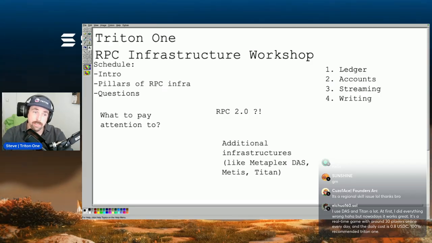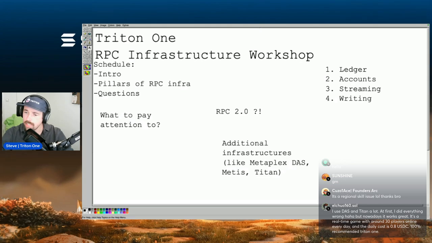So yeah, you can make DAS API calls, which return, you know, an entire NFT collection or all the holders of a certain collection, or who holds what NFTs and stuff like that. And Titan is a decentralized exchange aggregator. So if you're swapping, then you're probably using either Metis, Jupiter, or Titan.